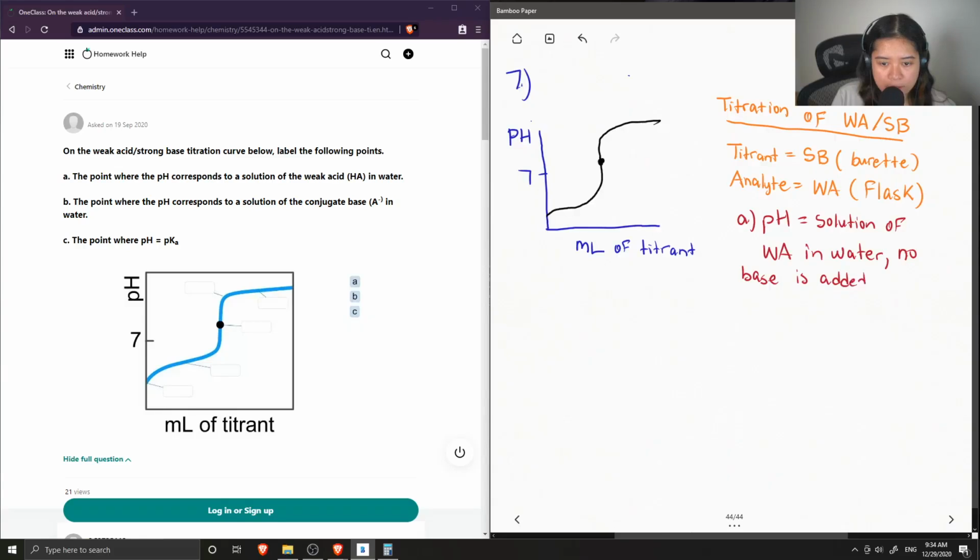So this is like the beginning of the titration, and pH is at its lowest, since acids have a low pH. So this tells us that point A is found right here.